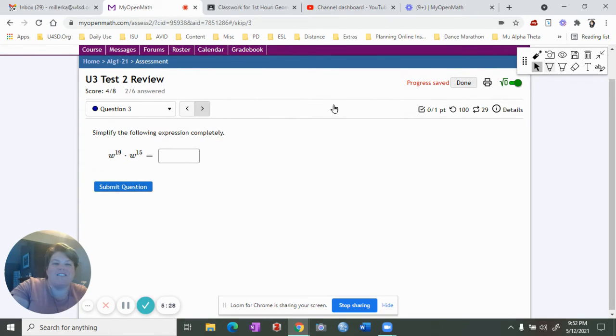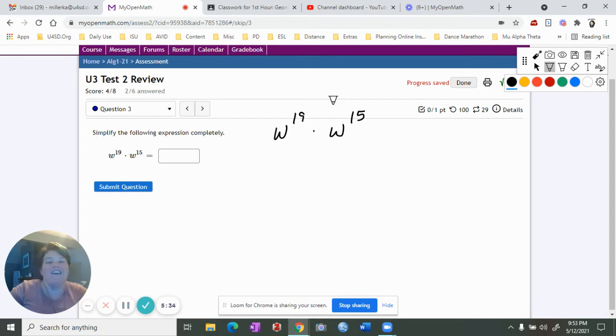Here is just the product rule. W to the 19th times W to the 15th. These exponents are getting pretty big. We do not expect you to expand this, but you can if you want to.